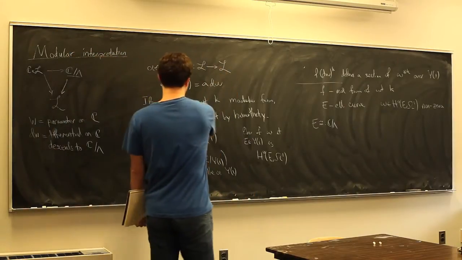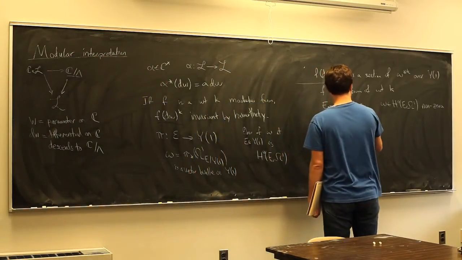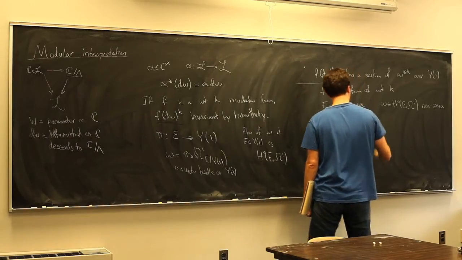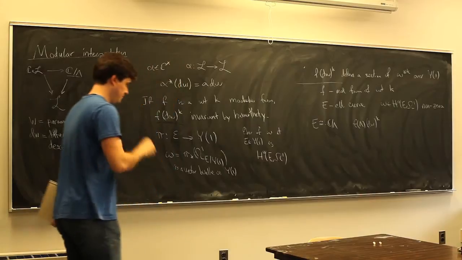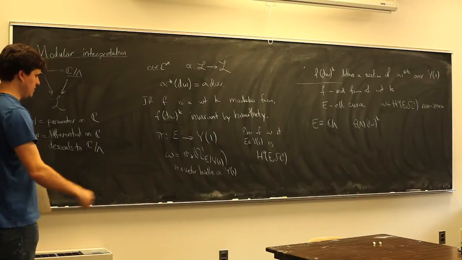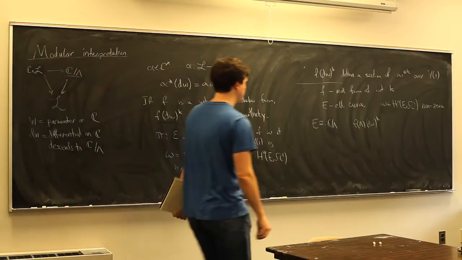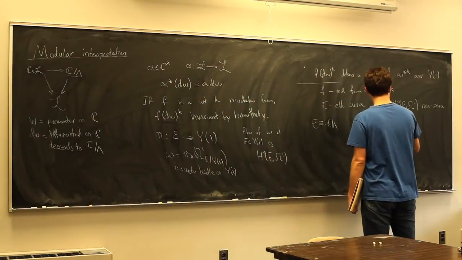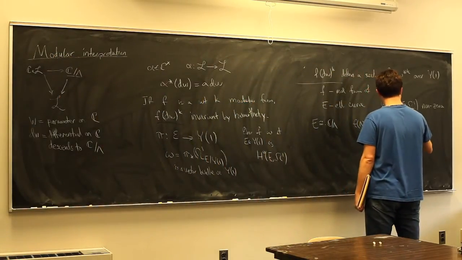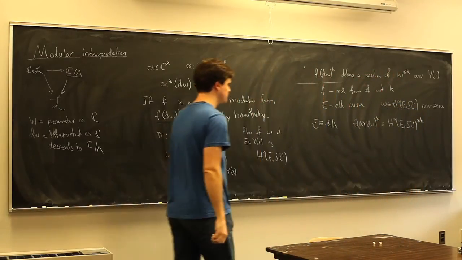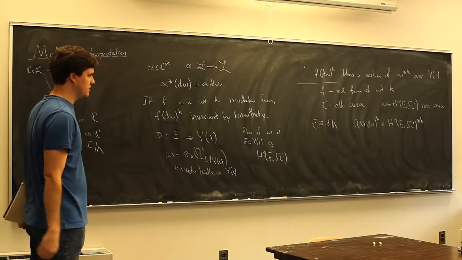And then I can evaluate my F on this lattice, multiplied by dw to the k. And this expression is invariant under homothety. It's well defined, so I can think of this as a well-defined element here. It's independent of the choice.